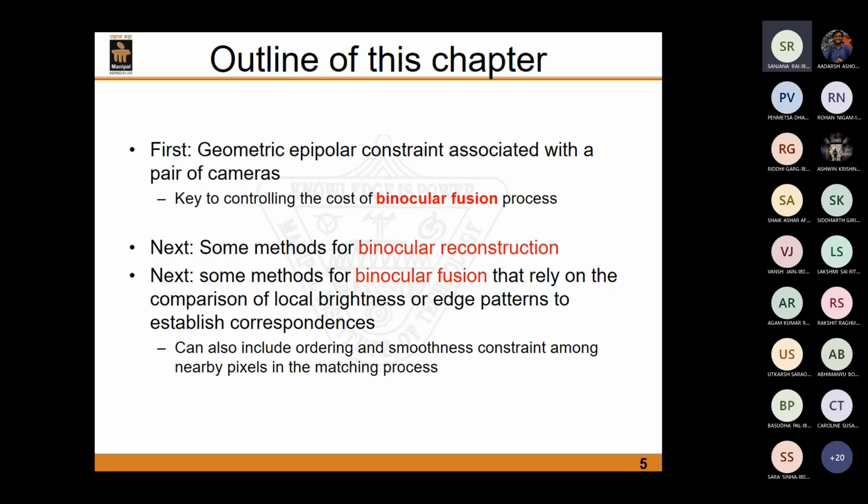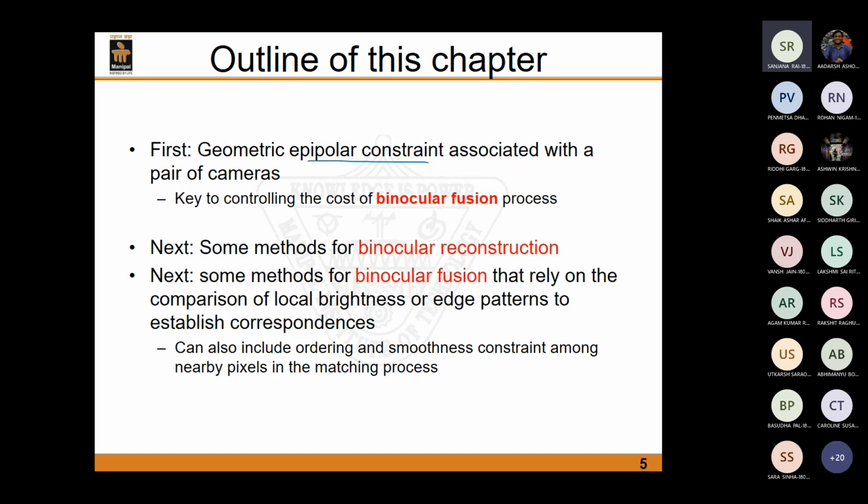Now we'll see a very brief outline of the stereopsis method. First we'll be discussing the epipolar constraint. What is the epipolar constraint?